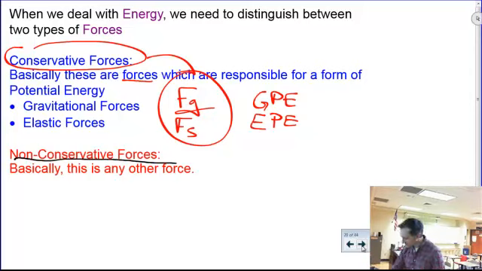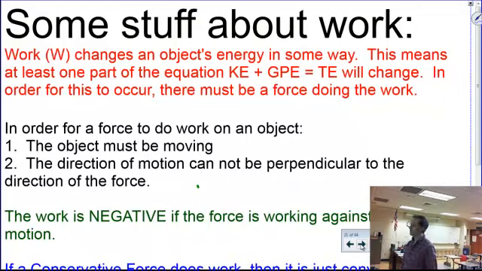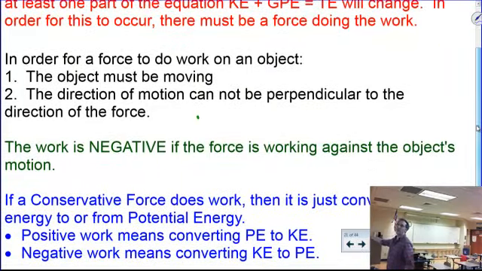So, why does all of this matter? Last video, we learned how to do work, and you saw this same slide. We learned that when you do work on an object, you're changing the energy in some way. In order for a force to do work on an object, first, the object had to be moving.